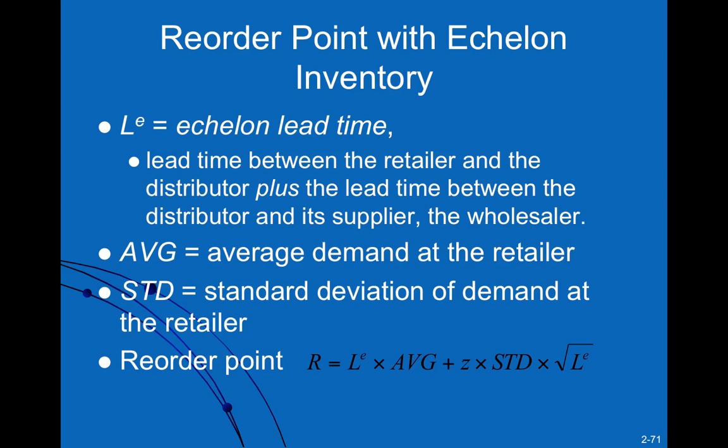So if you had a retailer level, and there's just the lead time between the retailer and the customer, then the lead time is just that lead time between those two. But the echelon lead time for a wholesaler who has to supply a distributor, who then supplies a retailer, would include the lead time from the wholesaler to the distributor plus the distributor to the retailer and then the retailer to their customers.